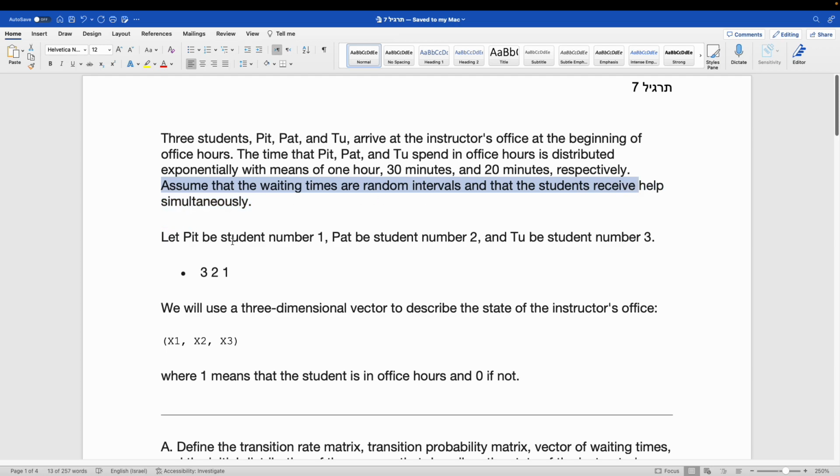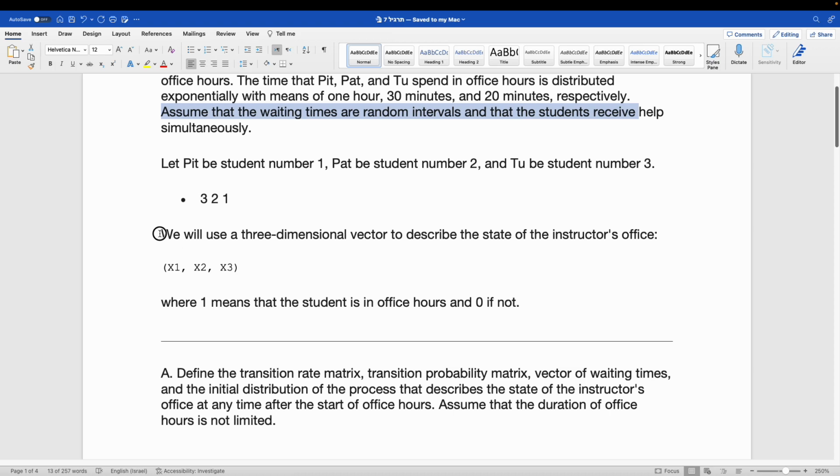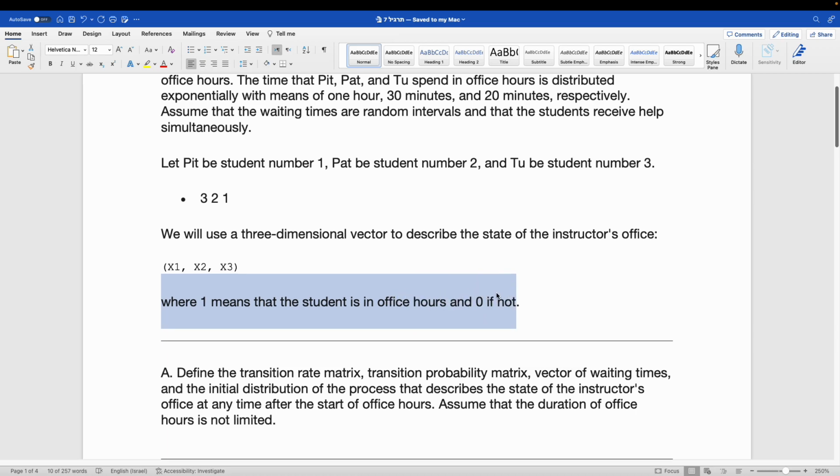Let Pete be student number 1, Pat be student number 2, and Tao be student number 3. So we will use a three-dimensional vector to describe the state of the instructor's office, x1, x2, x3, where 1 means that the student is in office hour and 0 if not.